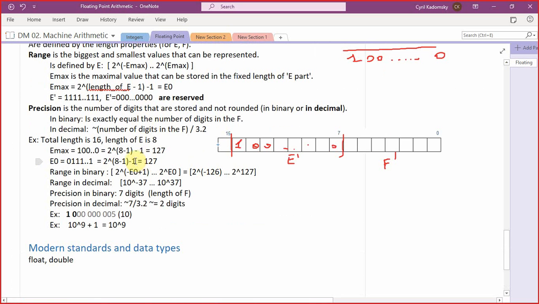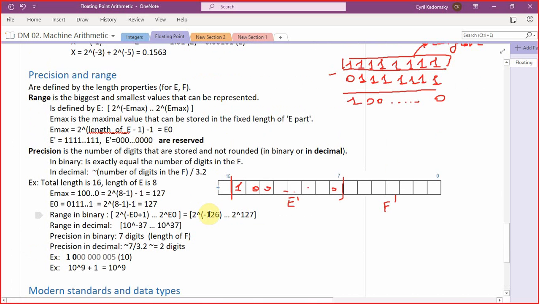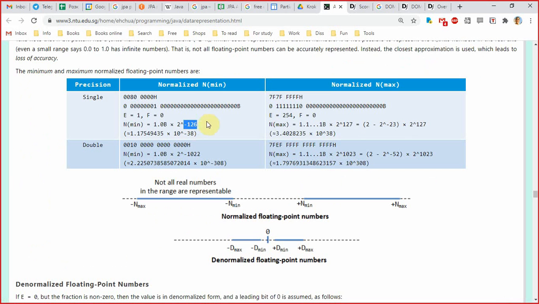This is exactly what we have done here. As soon as our representation has 8 bits in the exponent, we have the range from 2 to the power minus 126 to 2 to the power 127. Actually, that is what we have here.